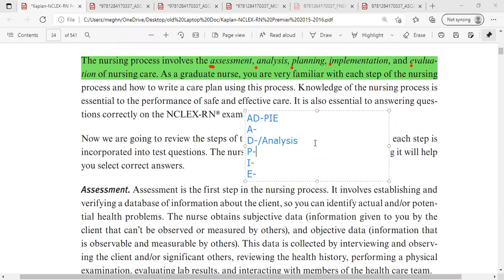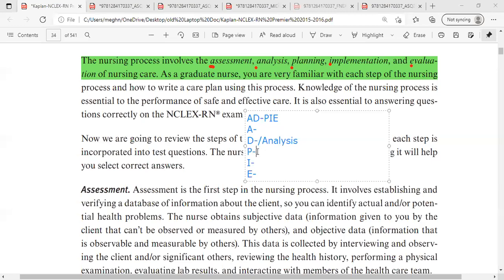So when you're making the plan, we follow the priorities and the client's needs, because every patient's needs are not the same. And we also have to ask, how will this affect the client getting better? During planning, you have to keep this in mind.